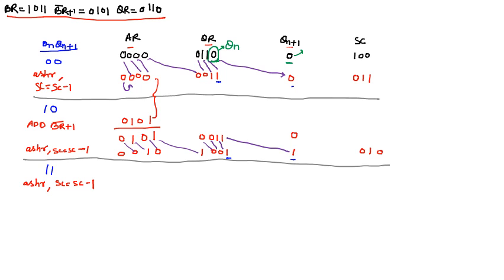So perform arithmetical shift right, it will be 0 0 0 1 0 1 0 0 and 1, and reduce the counter, it will become 0 0 1.